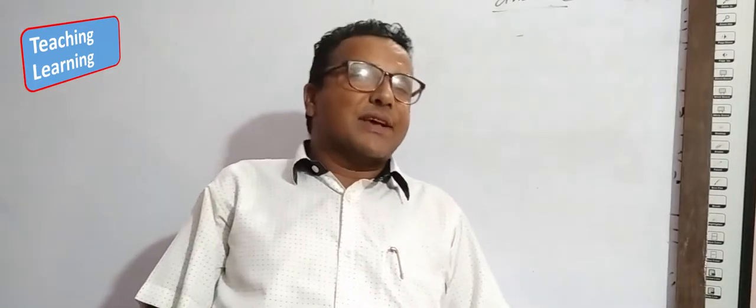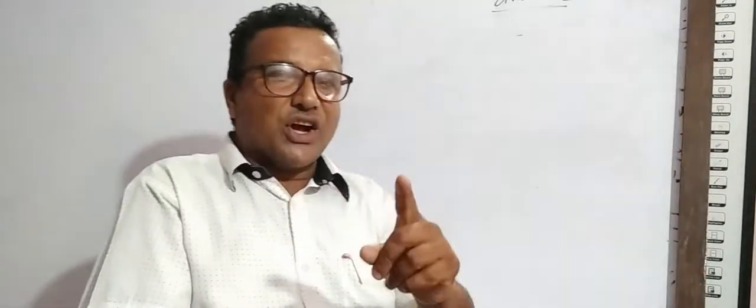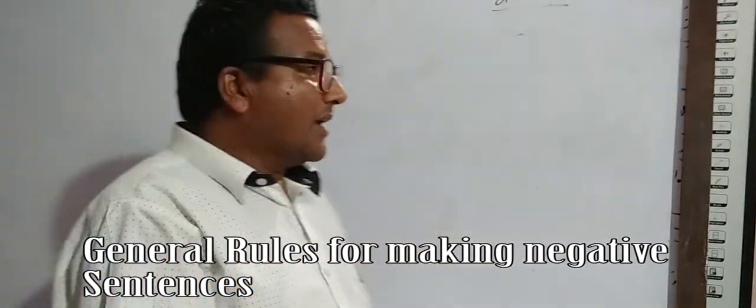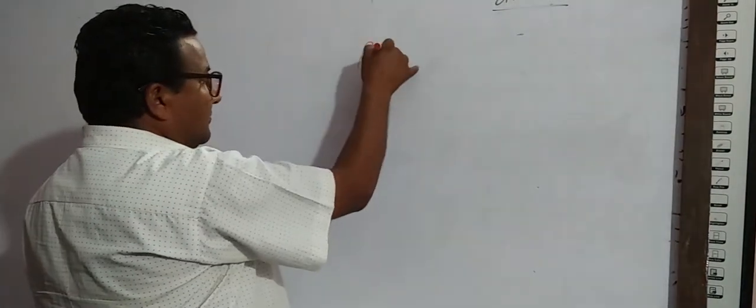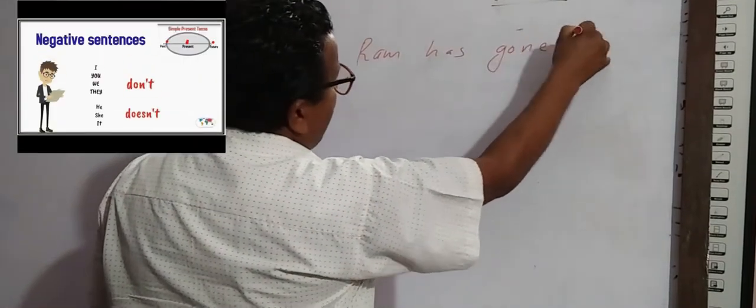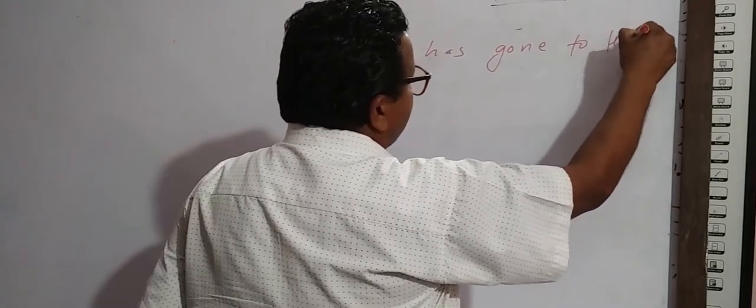To give a negative answer or to make a negative sentence, we have to know the general rules first. First of all, we have to use not after the auxiliary verb. For example, Ram has gone to Hong Kong.